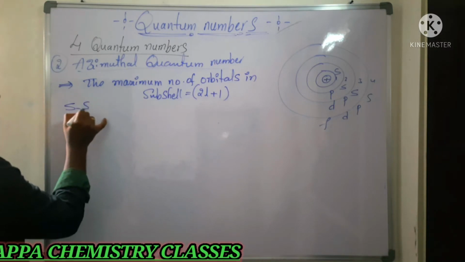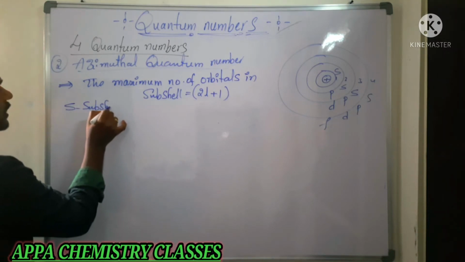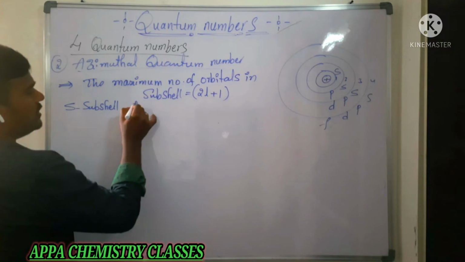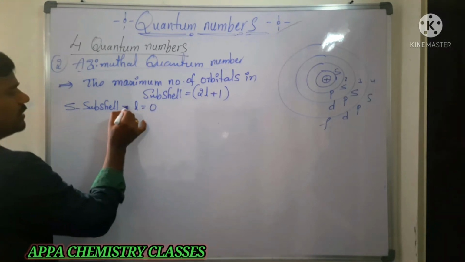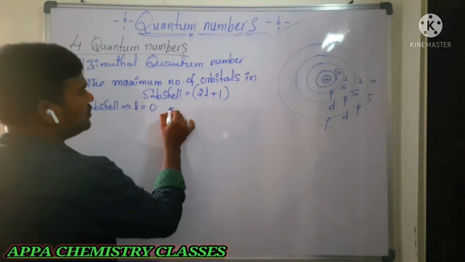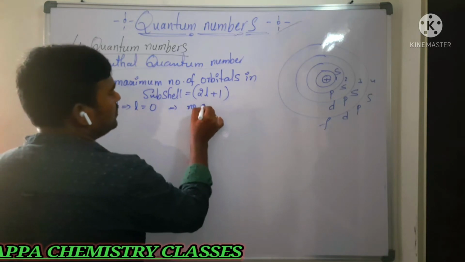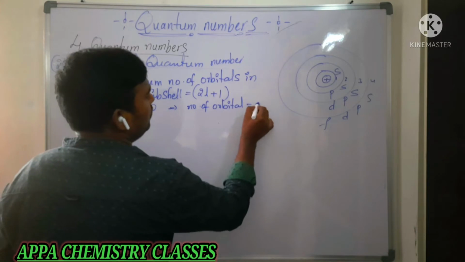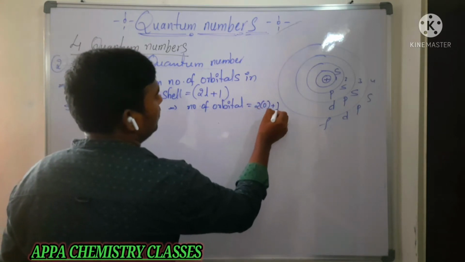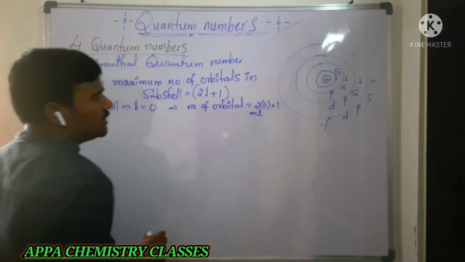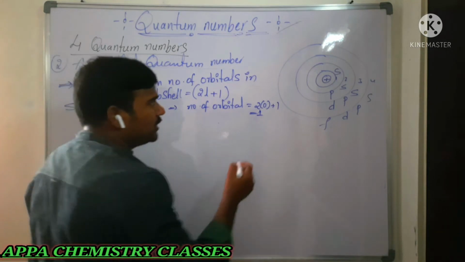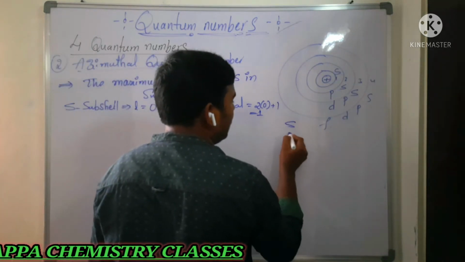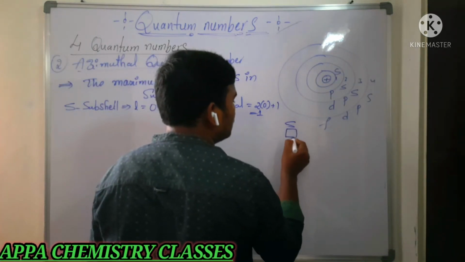If you are taking the S subcell, then L is equal to 0. L is equal to 0 means the number of orbitals will be 2 into 0 plus 1. That is, only one orbital is there in the S subcell. For that reason, whenever we are writing S, we will write only one box.